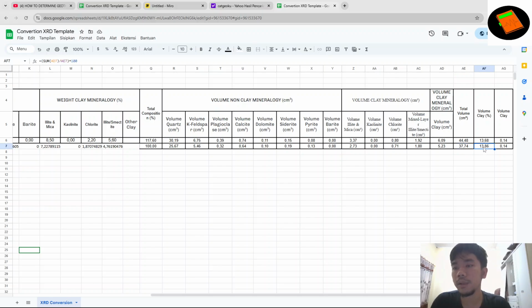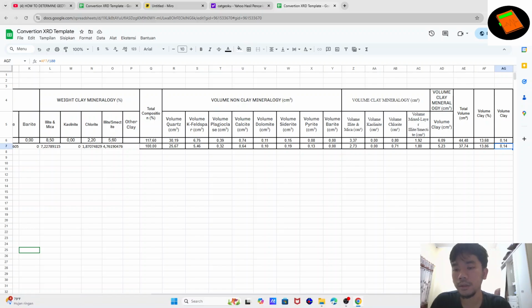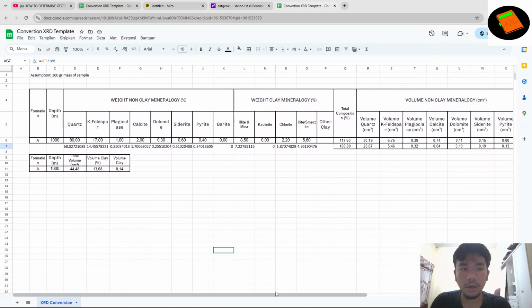For example, we have 13.86 by dividing our volume of clay by the total volume, and our final volume of clay is 0.40. So we have formation A, depth at 1000 meters, and our final volume of clay is 0.14.